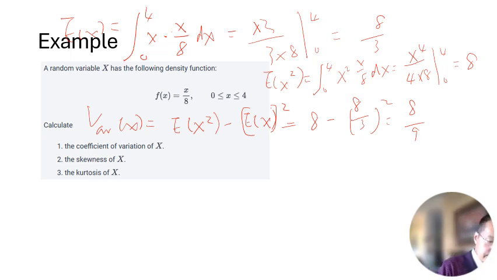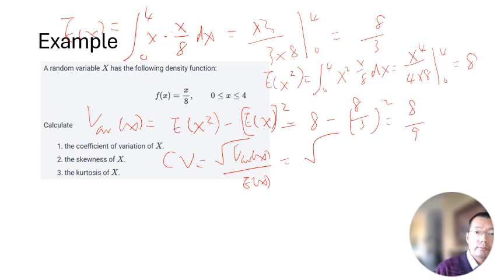And after this, finally we can calculate the coefficient, which is the square root of the variance over E[X], which is 8 over 3.